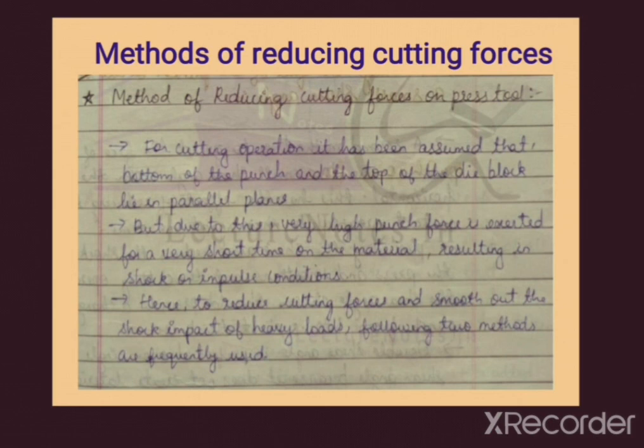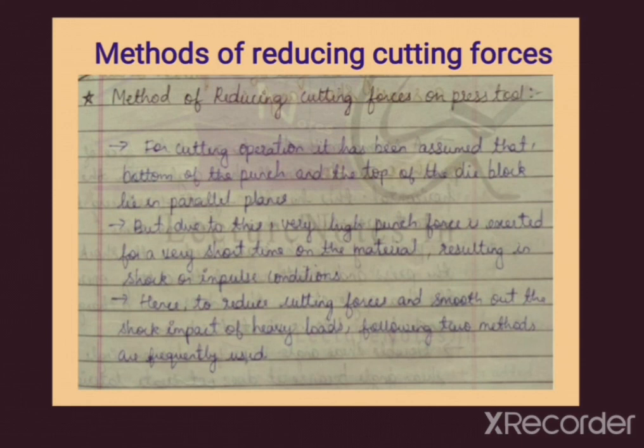For cutting operation, it has been assumed that the bottom of the punch and the top of the die block lie in parallel planes. But due to this, a very high punch force is exerted for a very short time on the material, resulting in shock or impulse conditions.